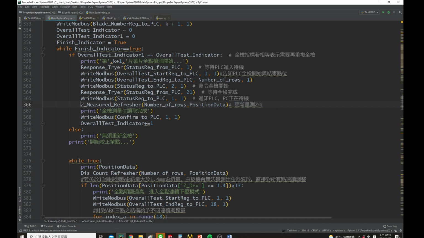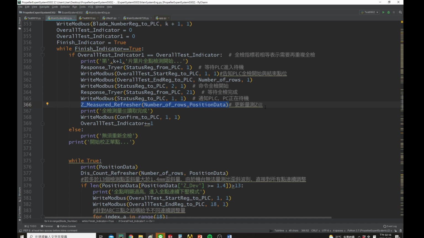This updates the deviation distribution recorded in the PC.